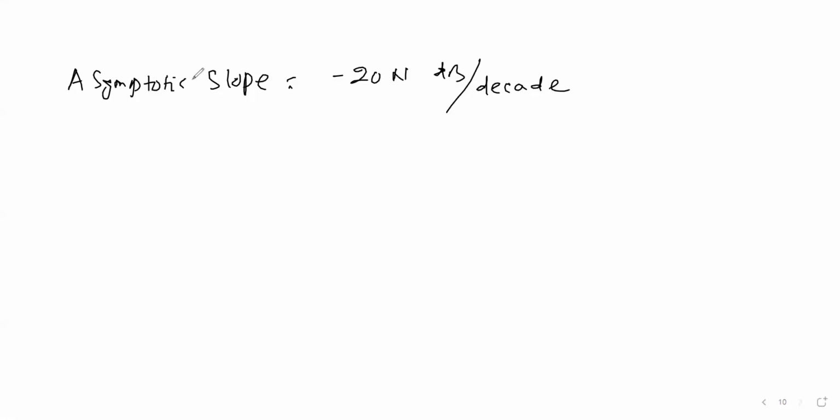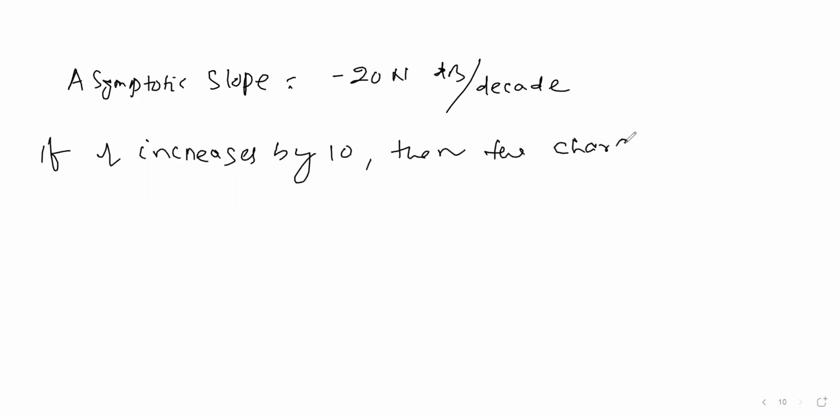Now it's very simple meaning: if omega increases by 10, then the characteristics go down, because of this negative sign, by 20n.